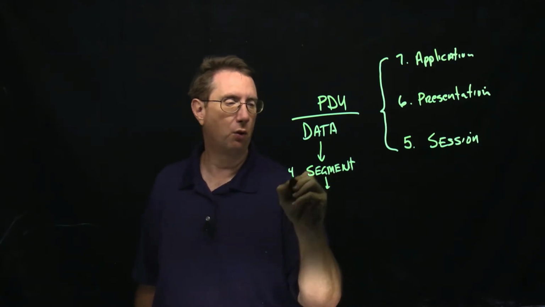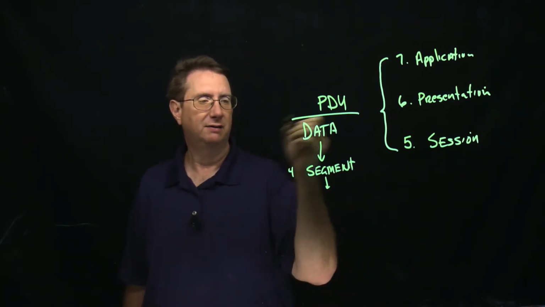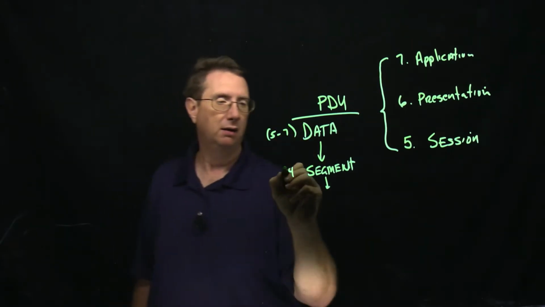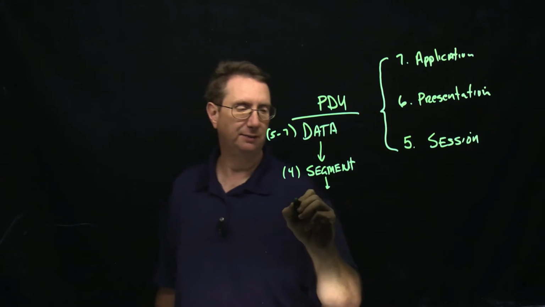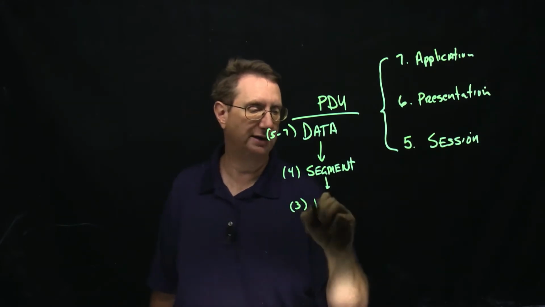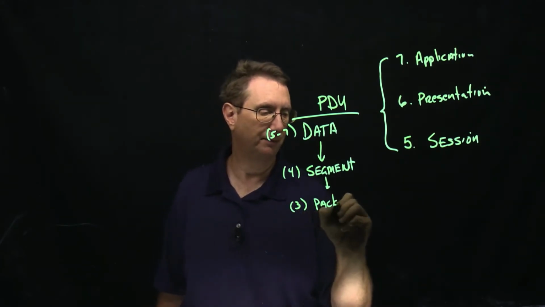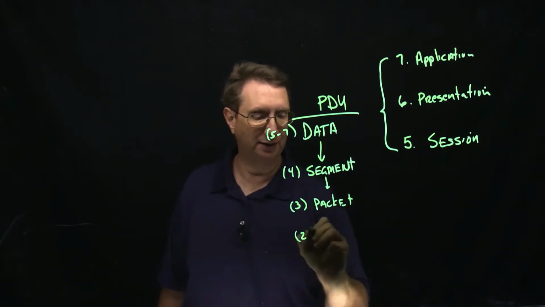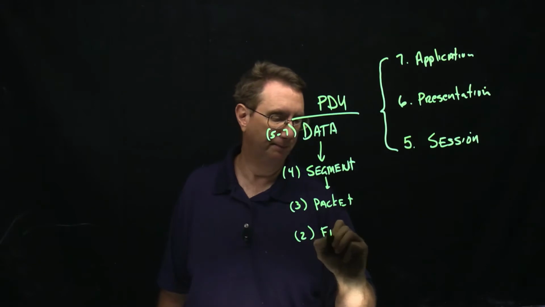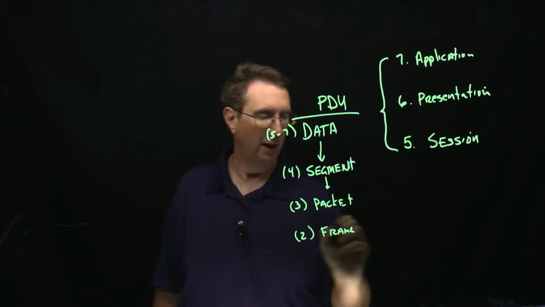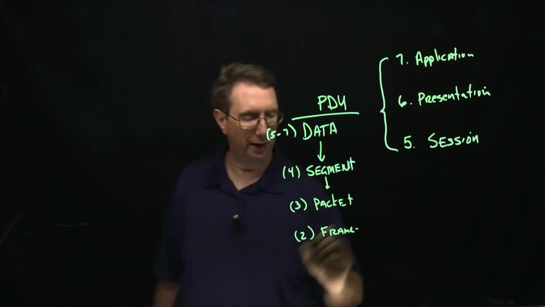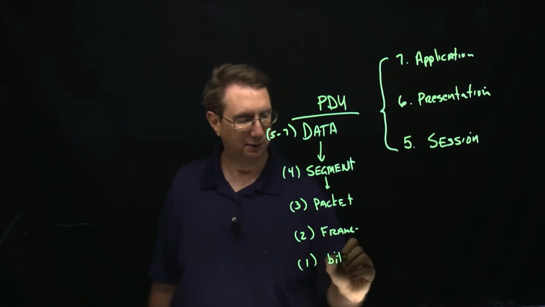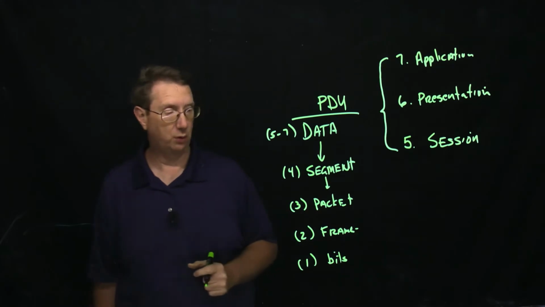So this is at 5 through 7, it's called data. At 4, it's called a segment. At 3, as we already said, it's called a packet. At layer 2, the data link layer, it's called a frame. And at layer 1, it's referred to as bits. So the information that is actually going through.